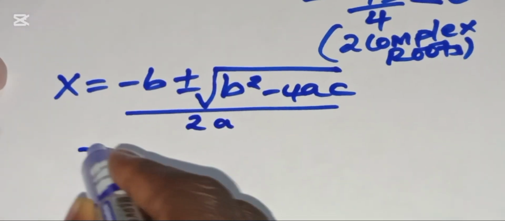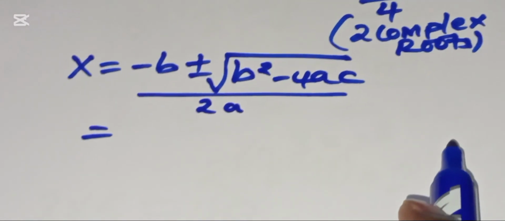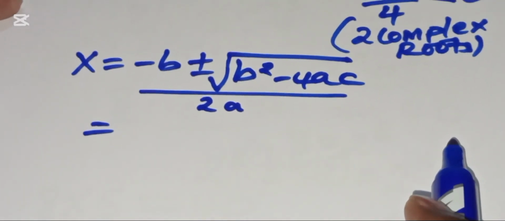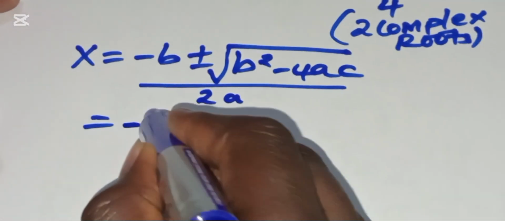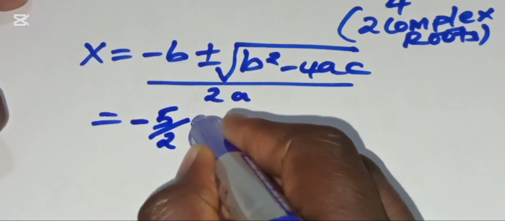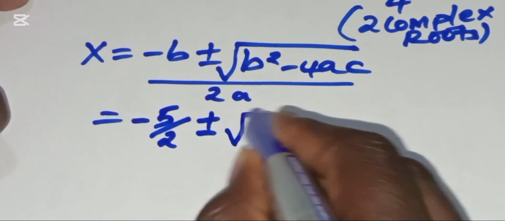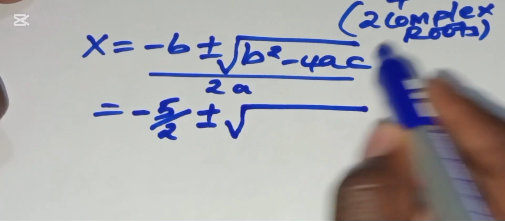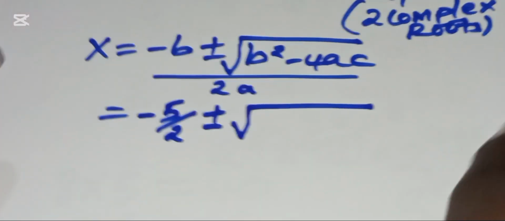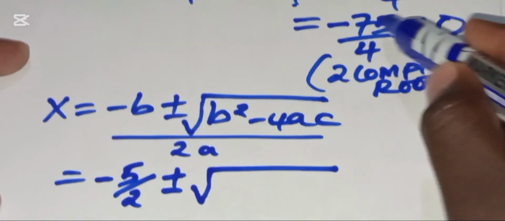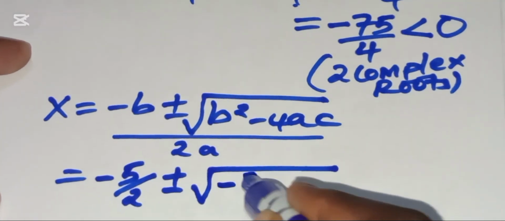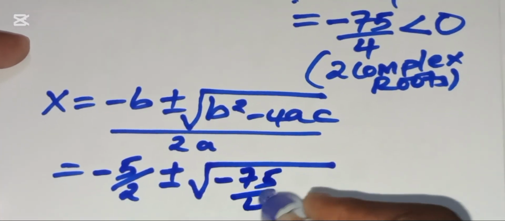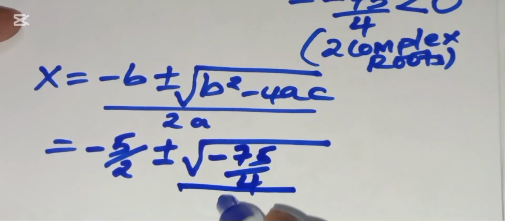Now from what we have, negative b is negative 5 over 2, plus or minus the square root of b squared minus 4ac, which is negative 75 divided by 4, and this is divided by 2.